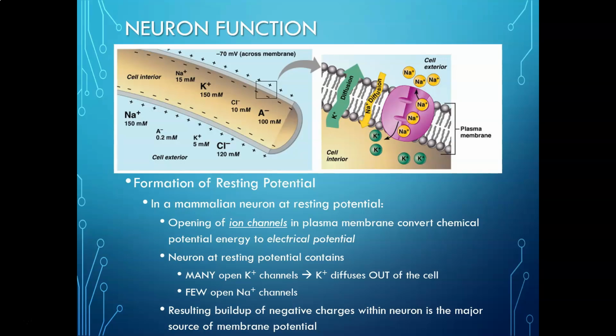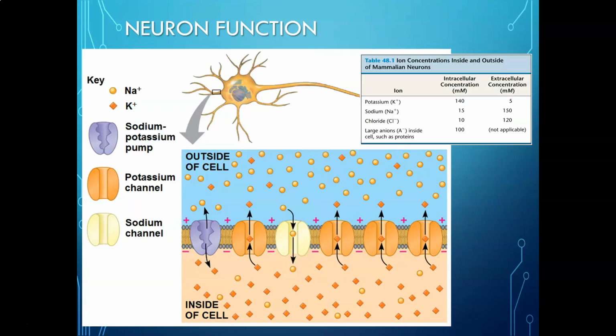So we're constantly pumping sodium out to bring potassium in, but we're not letting a whole lot of sodium diffusion occur, bringing that sodium back in. So what this does is it results in a resting buildup of negative charges inside your cells with an overall positive charge on the outside.